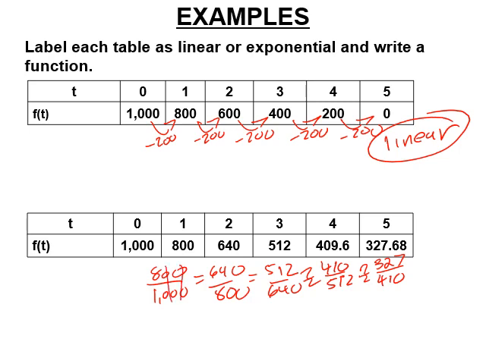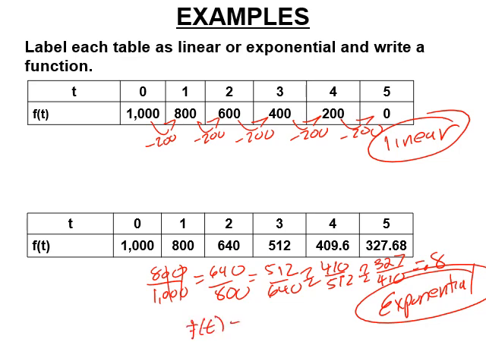But all of these simplify to 0.8, and so this is exponential. It's decreasing by a constant rate. All right, so let's write our functions. Since we're doing exponential functions, that's probably the easier one. We started at 1,000, and we're going down 20%, right? We're going down 20% to get this 0.8 to the t. Write the linear one.